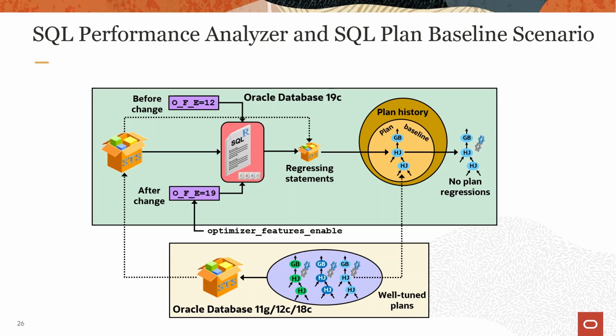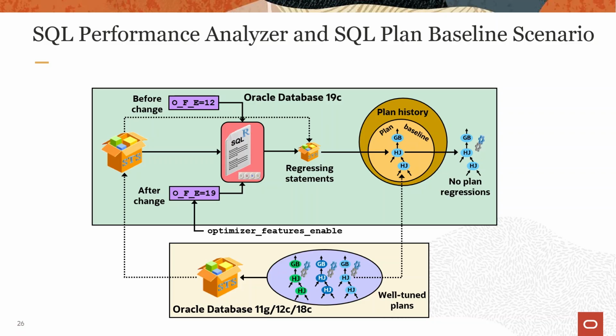Then I'm going to put the parameter optimizer_features_enable to 19, and I'm going to run that tuning set again with the SQL Performance Analyzer. And then I'm going to check which statements of this SQL tuning set show a regression in performance after the optimizer_features_enable has been set to 19C.